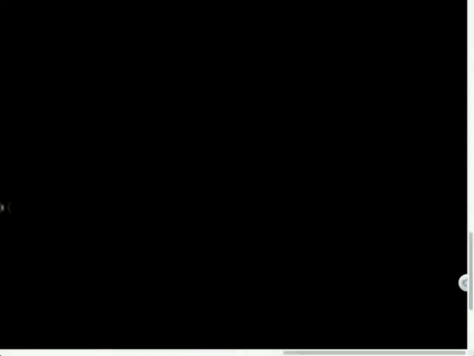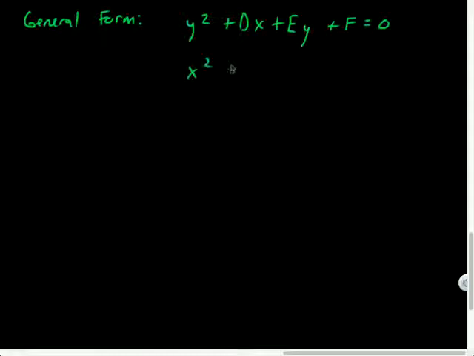For sake of analysis, well, actually, let's talk about general form real quick, and maybe we'll do one problem. So let's see, general form is either y squared plus dx plus ey plus f equals 0, or it will be x squared plus dx plus ey plus f equals 0.